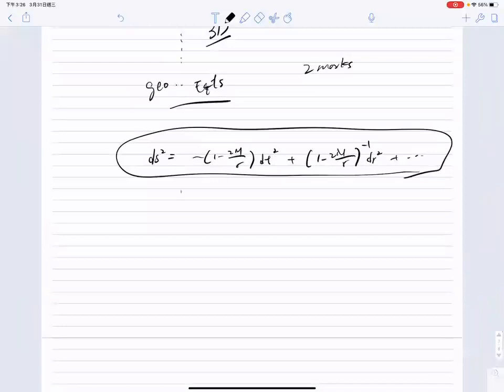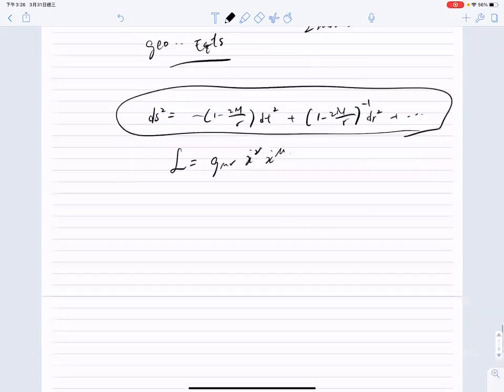Apart from using the Lagrangian of this, you have to learn one more thing about the differences between the massive particle and the massless particle. You have to make use of what we call the kinematic equation, which equals a constant for a massive particle and equals 0 for a massless particle.